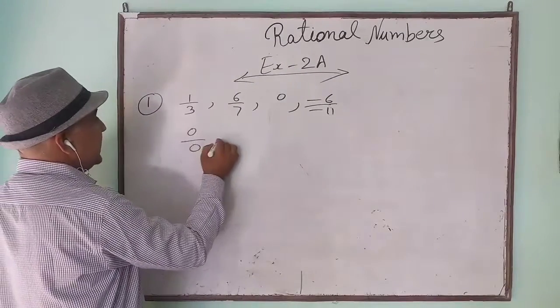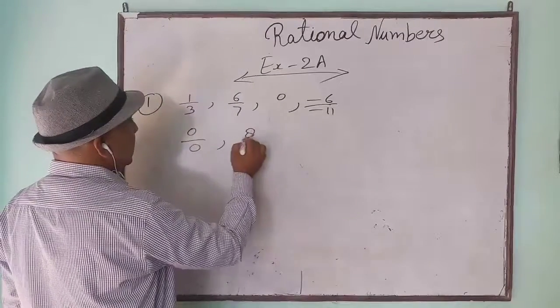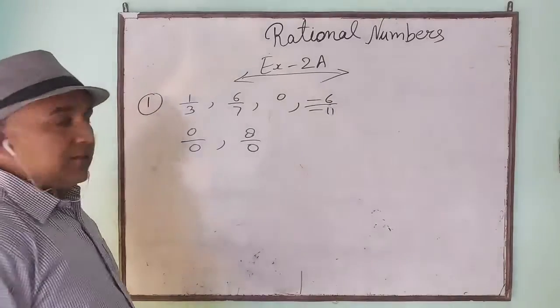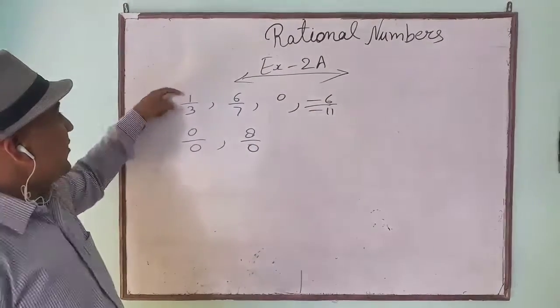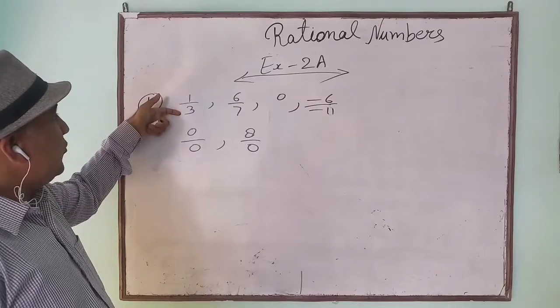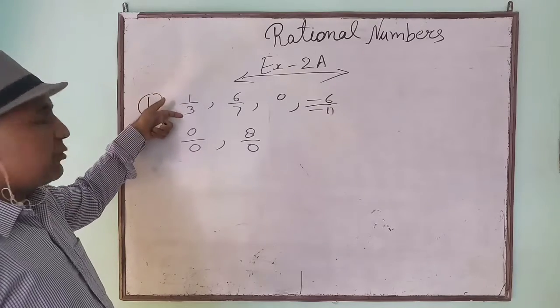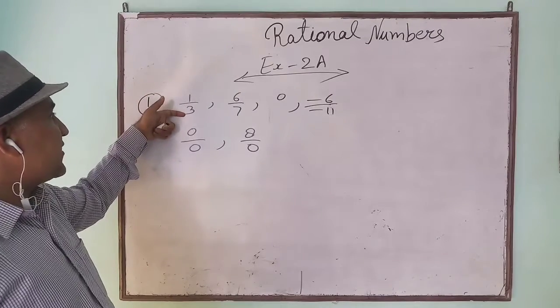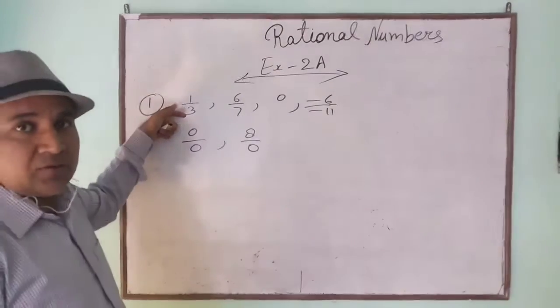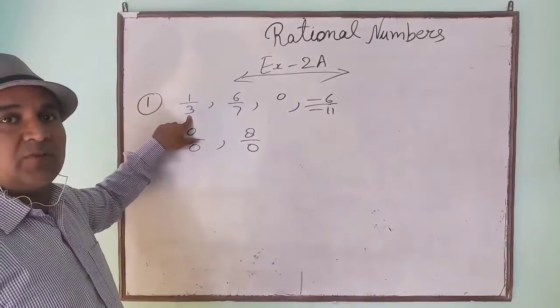See, I am writing the examples separately. Okay, these are the rational numbers. You can see 1/3 in the form of P by Q. P is an integer, Q is an integer, meaning the numerator is an integer, the denominator is an integer, and Q should not be equal to 0. That means the denominator should not be equal to 0.